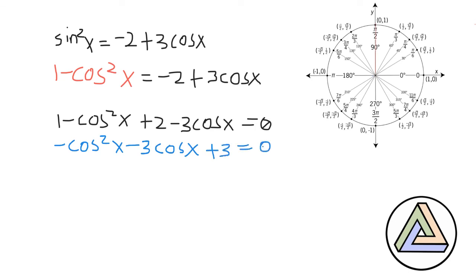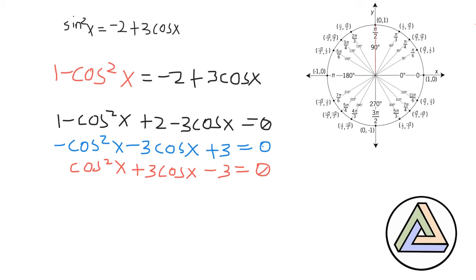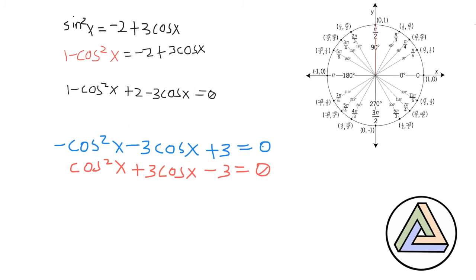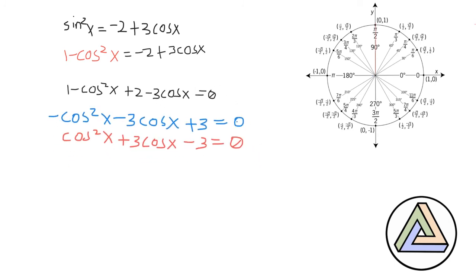Dividing both sides by -1, which is something we have done before in this video, would be cosine squared x plus 3 cosine x minus 3 equals 0. I think at this point my student is getting the hang of it, because there's not much else different with regards to this problem when compared to the other problems.